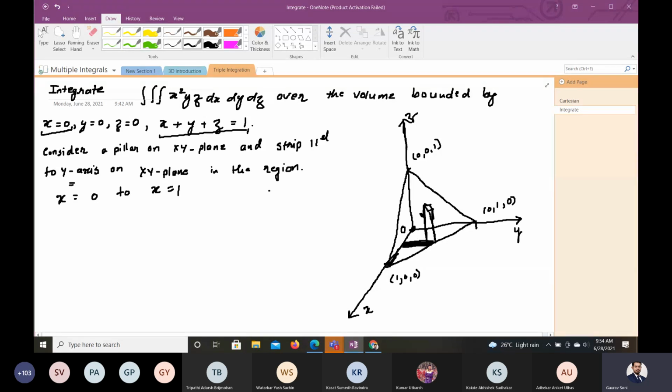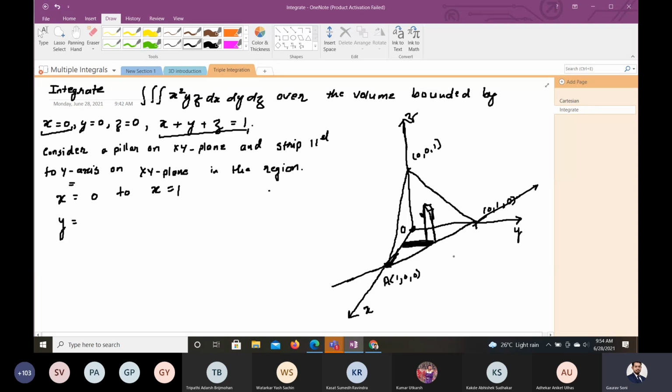which is the point (1, 0, 0). Then what about y? So y, we can see that the strip starts from this x-axis and ends at this line. This line is actually the intersection of the plane x plus y plus z equal to 1 and the xy plane.